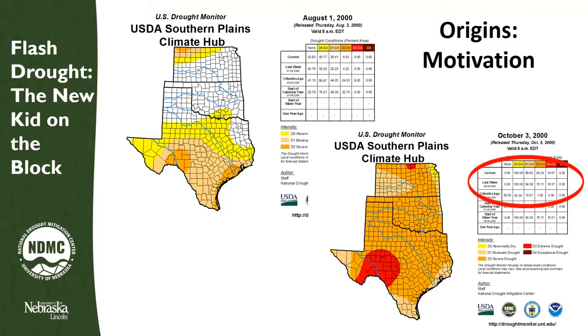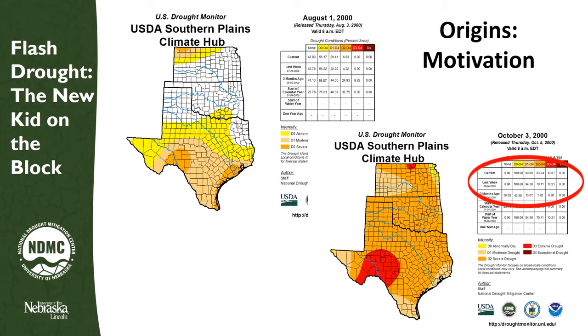Some of the origin story, if you will, if we can do a little Marvel comic analog here, is to look at when I was doing the Drought Monitor and authoring that product, when we first created it back in the late 90s and the early 2000s. This particular drought is where I remember using the term in the media. And it was to catch people's attention. That was on purpose, to get them to think about drought in a different way and to raise the awareness of drought and the need to see it as something that can evolve quickly.